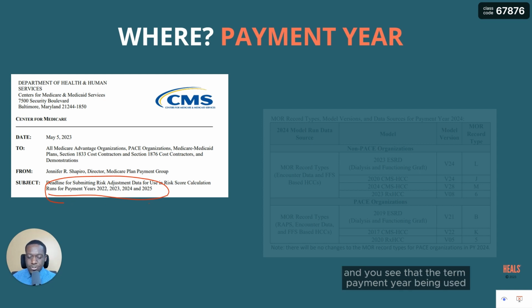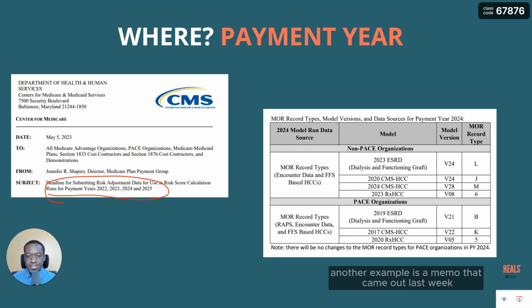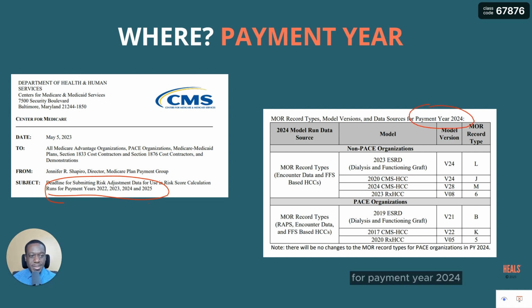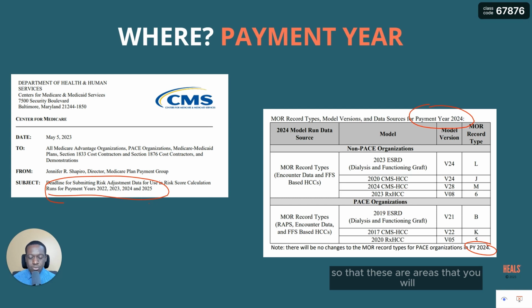And you see the term payment year being used. Another example is a memo that came out last week. It had information regarding the model output report record types. So you see here too, payment year 2024, PY, payment year 2024. So these are areas where you will see the terminology payment year being used.